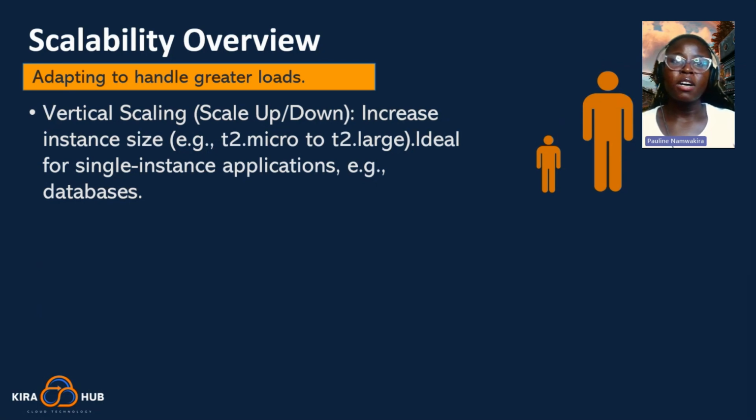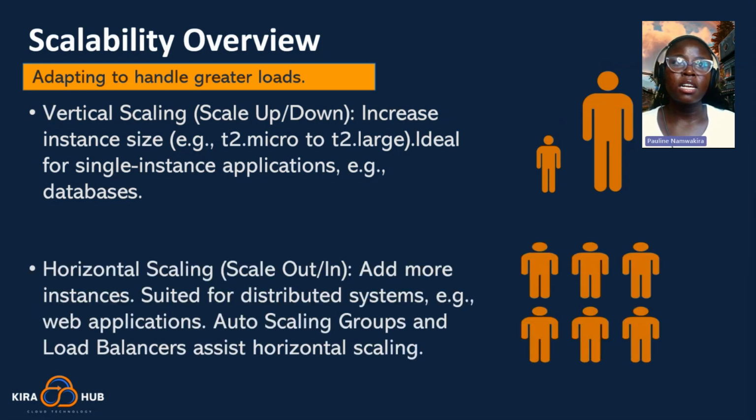Speaking of a call center, for example, as an analogy, vertical scaling is like hiring someone who is highly experienced and can handle more calls in a call center. We are increasing the capacity.